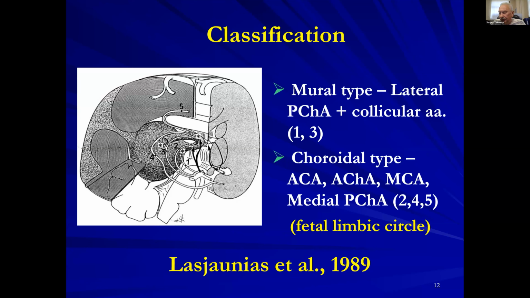You can see this on the schema. The choroidal type usually develops with branches of the anterior choroidal artery and the medial posterior choroidal arteries, presented as a fetal limbic circle.